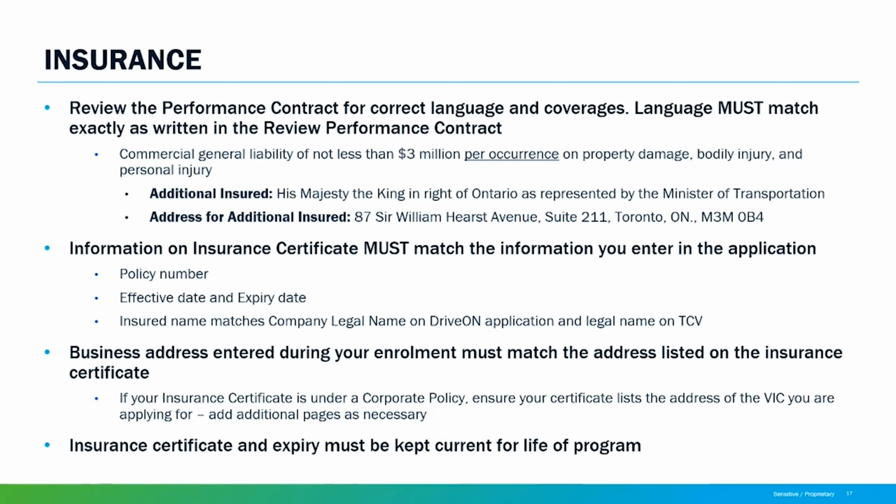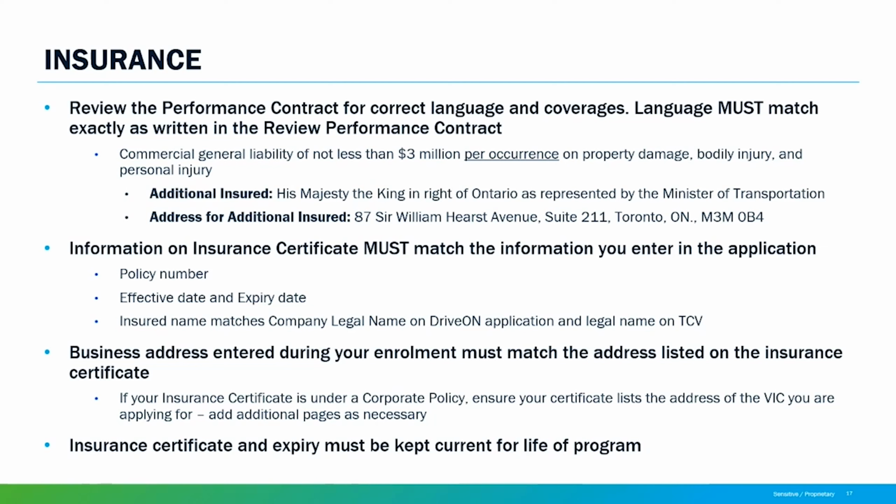For example, the commercial general liability on the insurance certificate that is required by both fleet and public inspection centers cannot just say $3 million. It must state the language as per the performance contract, which is $3 million per occurrence on property damage, bodily injury, and personal injury.